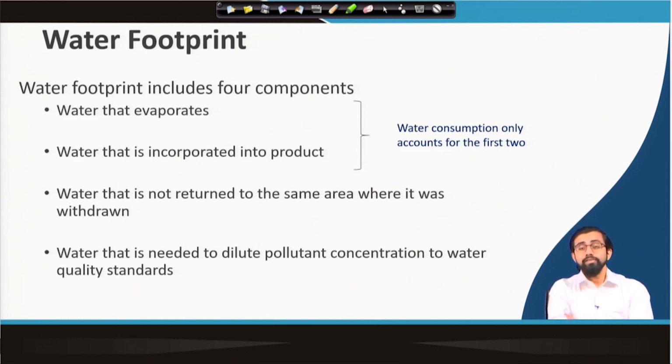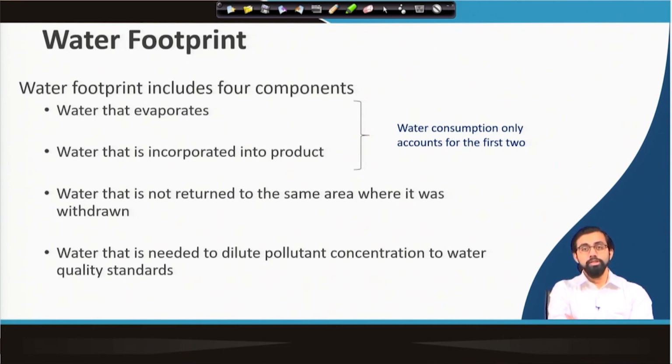So these are the different regulatory bodies whose rules and regulations we have to abide by. Because of that, we need to add some additional amount of water to dilute the pollutant concentration before releasing it into the surface water body.